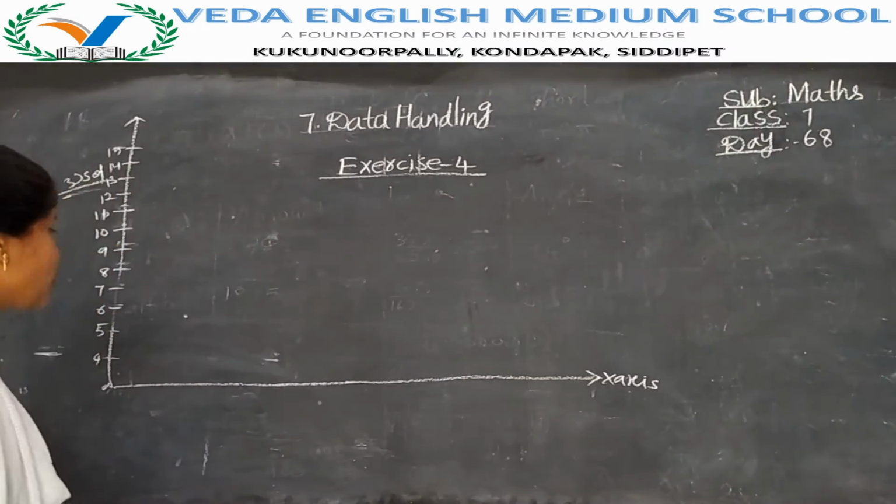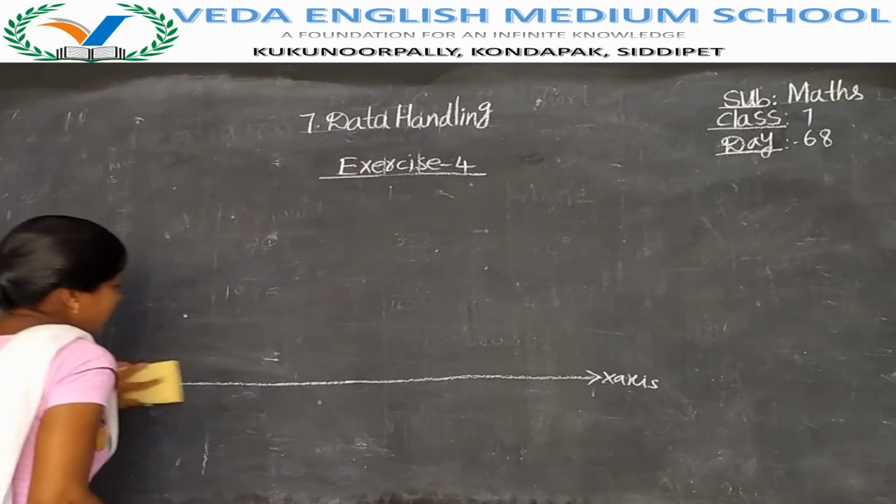Then take 2 units, generally. Third solution.